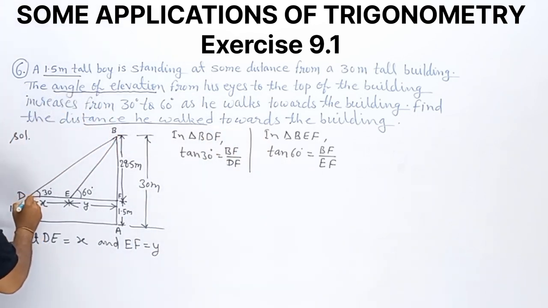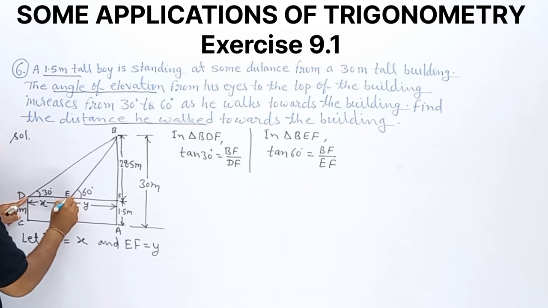First time the boy standing at that point. Standing where? At that point. Then angle of elevation is 30 degree. The boy walking towards the building reached at point E, and angle of elevation increased from 30 degree to 60 degree.